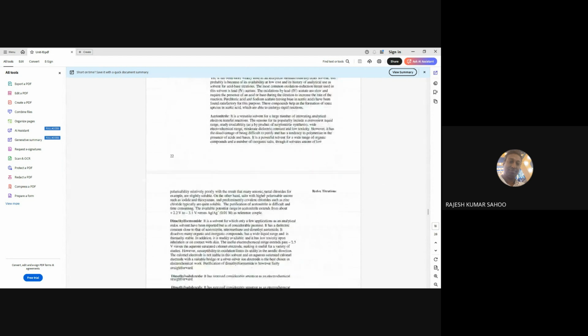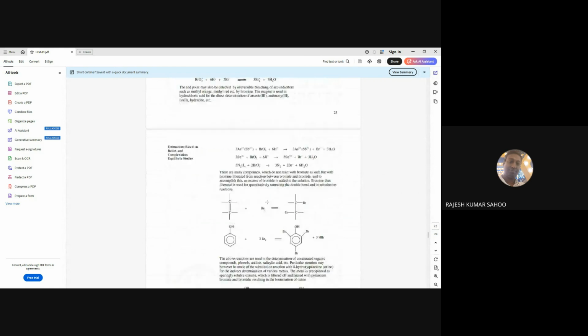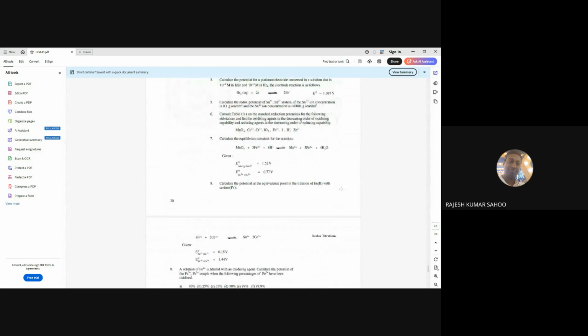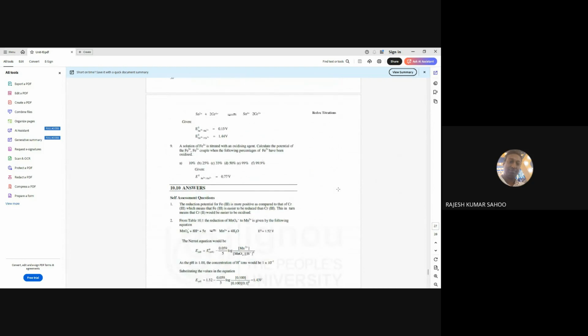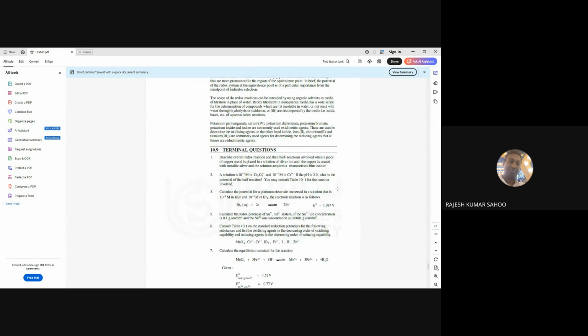That question will come. Then some non-aqueous solvent names may also be asked. You can see some questions here. But mainly here you get one definite question, that is the calculation of redox potential or cell potential of an electrochemical cell. That question will definitely come.